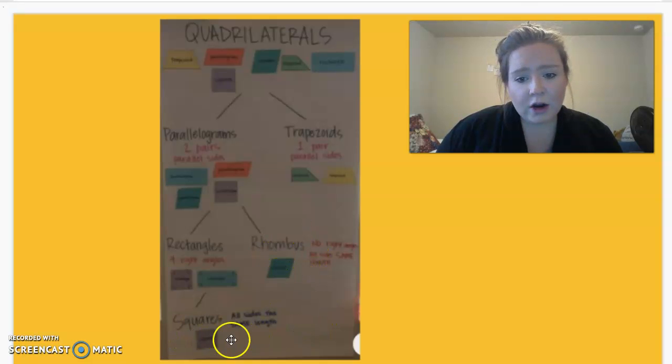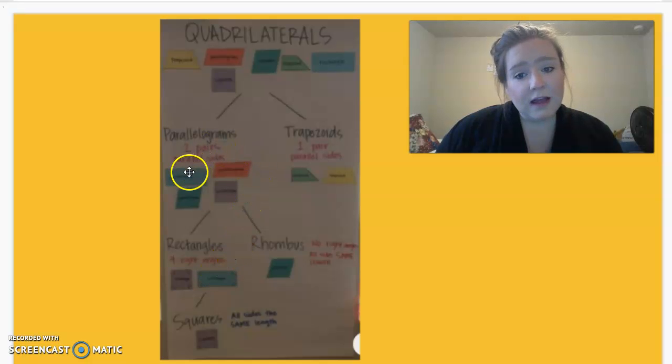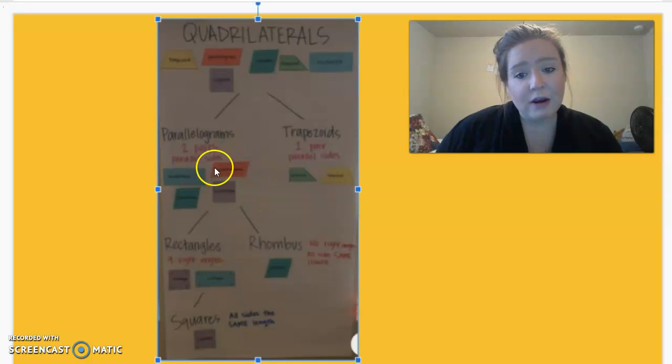And then a square, all sides are the same length. So a square could be a rectangle because it has four right angles, but it's also a parallelogram because it has two pairs of parallel sides. A square is a special rectangle. So if I ask you, is a square a rectangle?